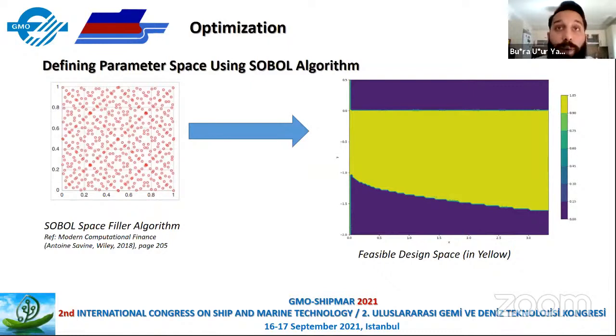Sobol algorithm is a space-filler, as you can see in the left-hand side figure. And by using this Sobol algorithm, it can be easily concluded that y values should lie between -1.6 and 0.05 so as to have feasible designs, as in the right-hand side of this presentation.